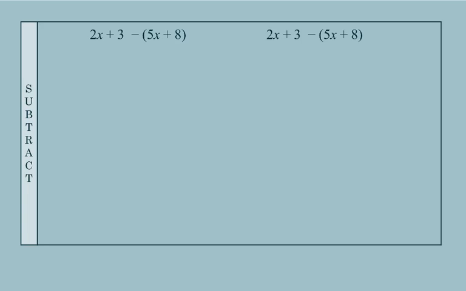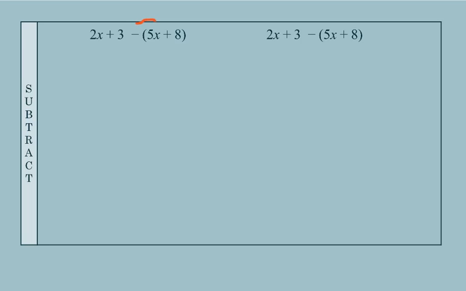Please remember to be pausing if you need more time to write something down or to go back and see it again. So now we're subtracting. I have the same problem twice on here because I'm going to show you how to do it 2 different ways. First, we have 2x plus 3 minus the quantity 5x plus 8.